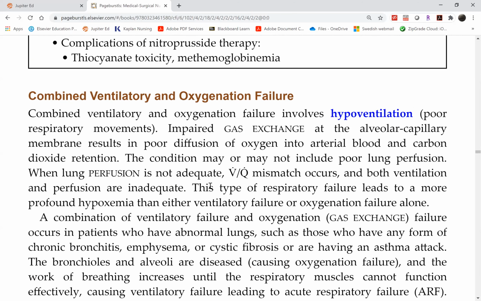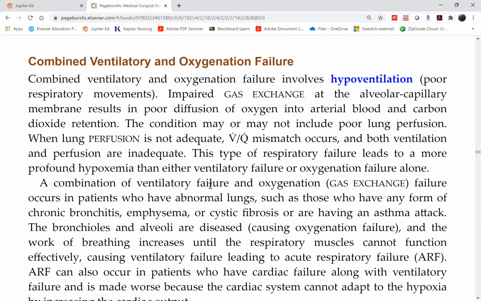There's also a combined failure. One best example of a combined ventilatory and oxygenation failure is COPD. Remember, we have two types of COPD. We have emphysema and chronic bronchitis, right? One is a ventilatory failure, meaning bronchitis, for instance.